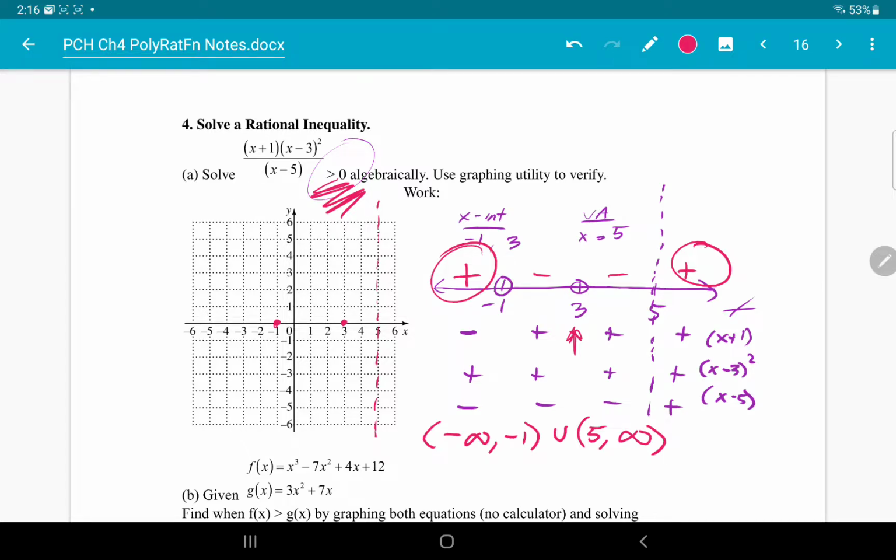We already saw in our sign analysis, it is positive to the left of -1. And then it is negative until we reach 3. So it's coming down until we reach 3. And then, oh, it's negative again. Let me redraw that.